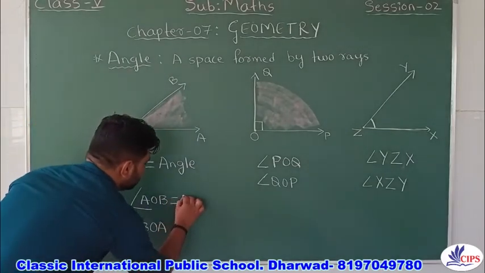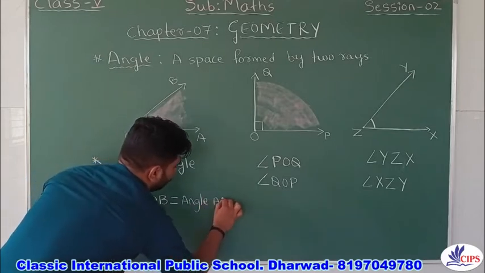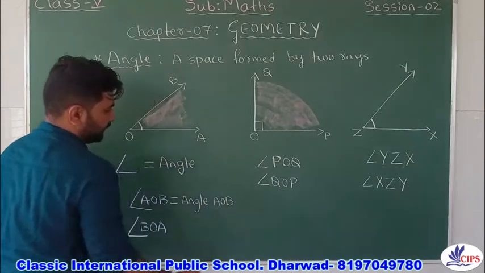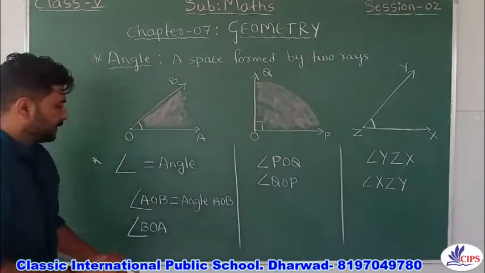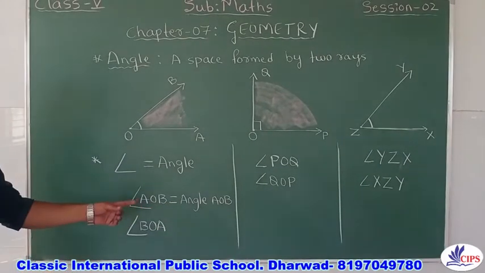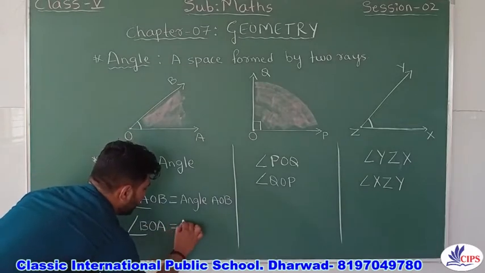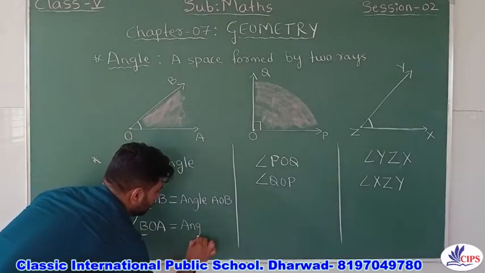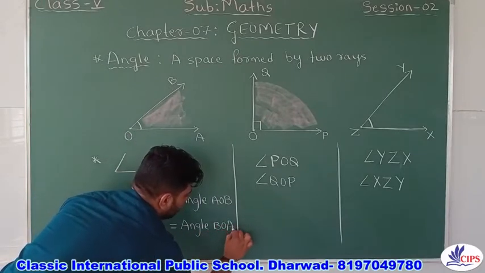How do we read it? Angle AOB. This is how we are going to read it. Okay, this can be read as angle AOB. Now, this again is angle BOA.